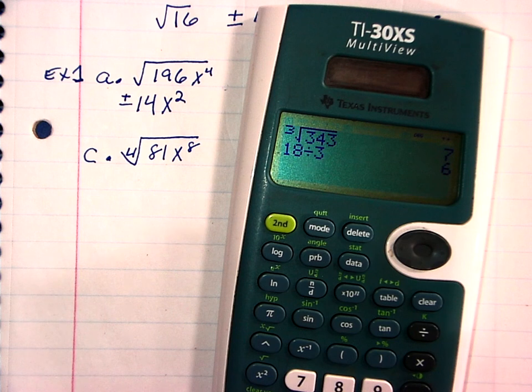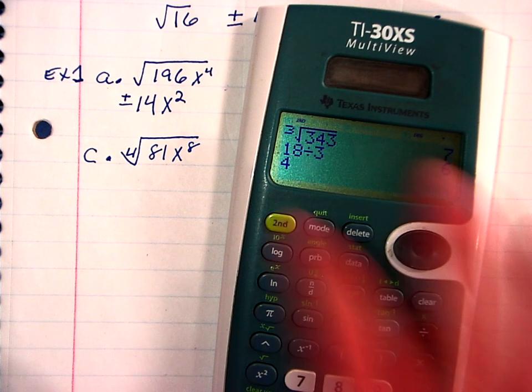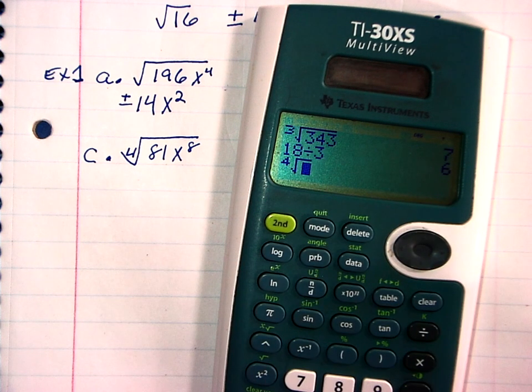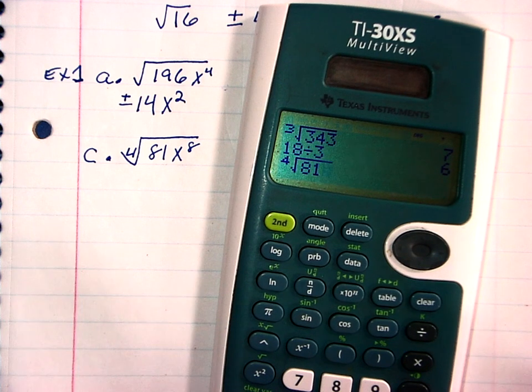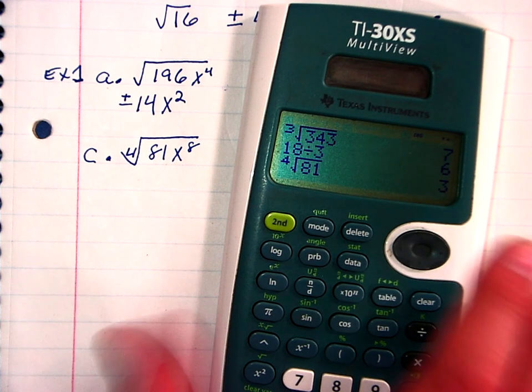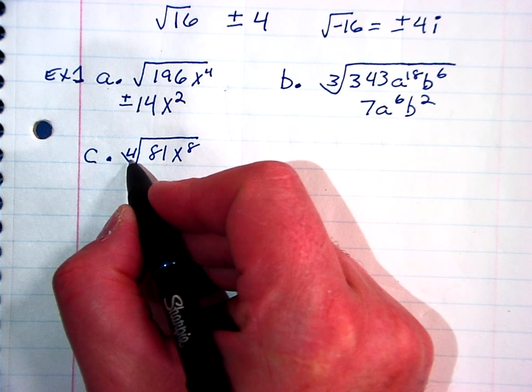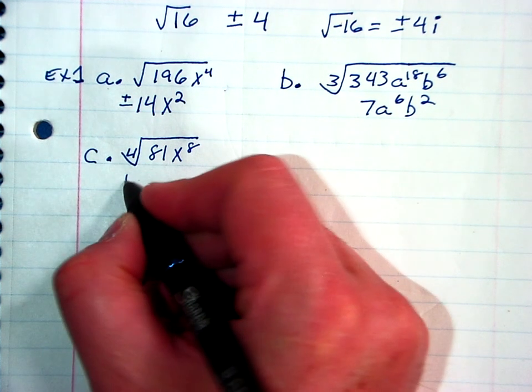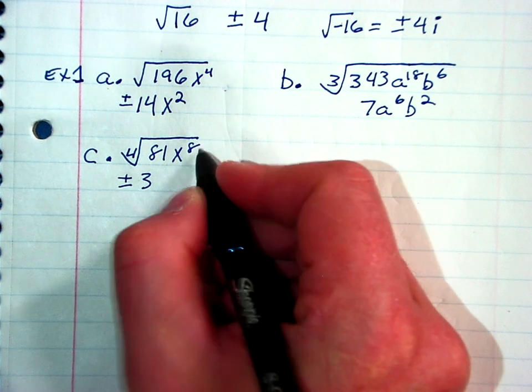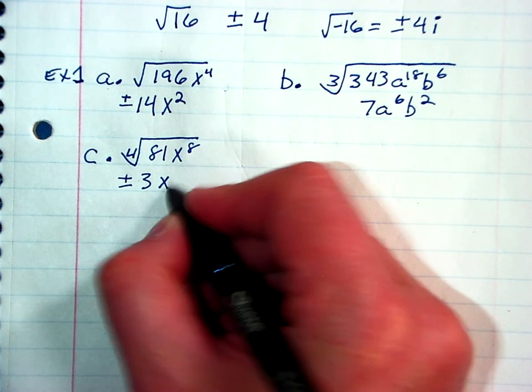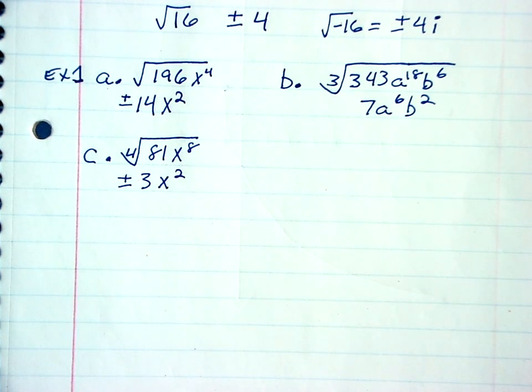All right, so you're going to put in 4, shift, up arrow, 81, is 3. Now this one's an even index, correct? So we need plus or minus 3, and what's 8 divided by 4? That's your final answer.